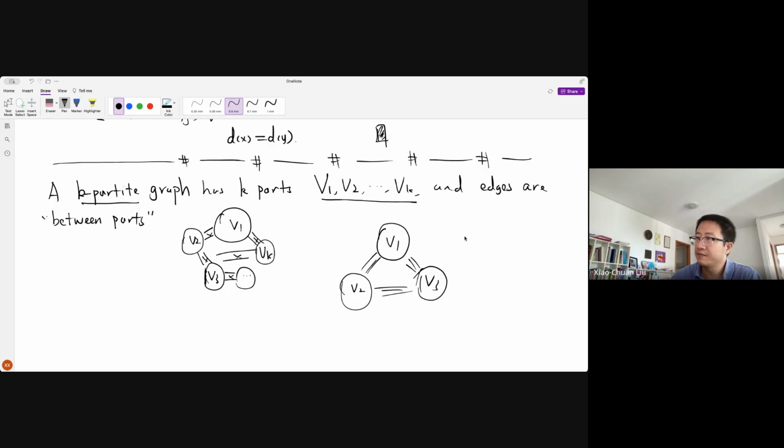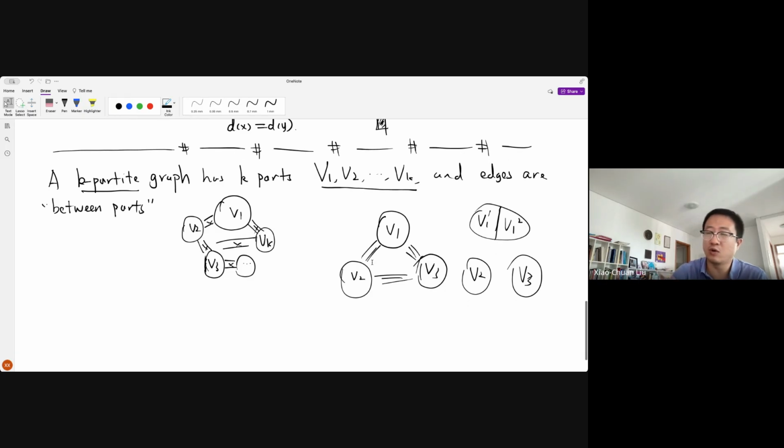You can split, for example, v1 into v11 and v12, because there are no edges between them, and then v2, v3. And it's also a 4-partite graph. By definition, it's just not very interesting. I'm saying that if you are not looking at a complete k-partite graph, then a bipartite graph is also 3-partite, also 4-partite. It doesn't make sense. You have to be clear what you're thinking about.